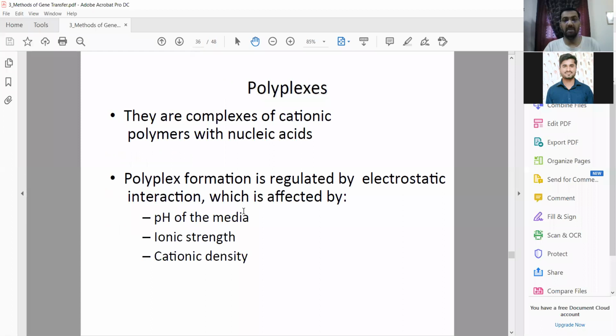Due to these positive and negative interactions between the polymers and nucleic acid, we form complexes, which are named polyplexes, and could be used to transfer the genetic material into the cell. Polyplex formation is normally regulated by electrostatic interaction, which is affected by the pH of the media, ionic strength, and cationic density. The charge density on these cationic polymers determines the polyplex formation.